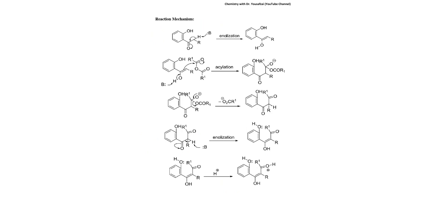In the next step, this carbonyl functionality will be protonated, so it will get a positive charge. Now this oxygen atom is positively charged, it will withdraw electrons much more towards itself. So this carbonyl carbon atom becomes much more positive.